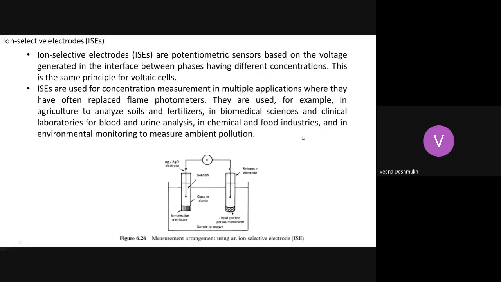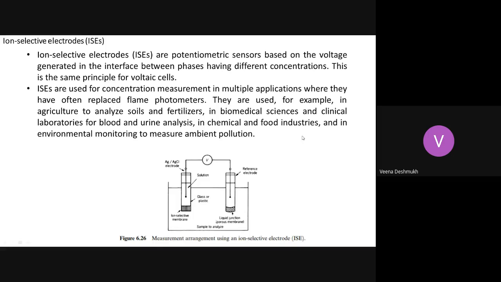And in environmental applications, basically our vehicle pollution testing and all, these kinds of sensors are used where nitrogen, oxygen or carbon monoxide levels are measured, and they are compared with the references. On the basis of that, you get a report that it is above the normal range or below the normal range, and you will be able to follow what measure should be taken to reduce that.